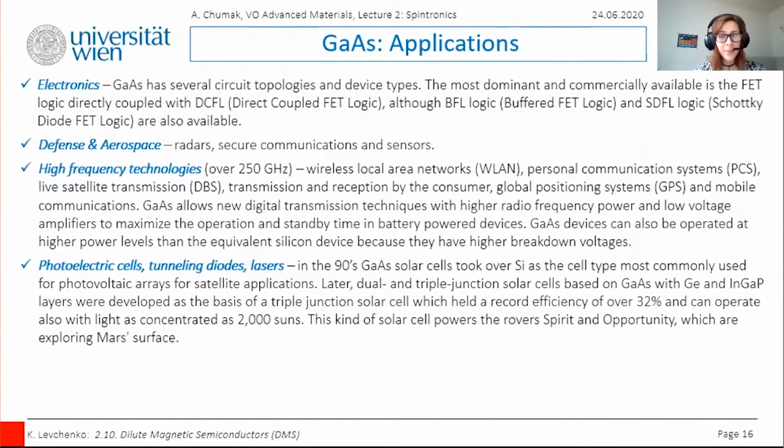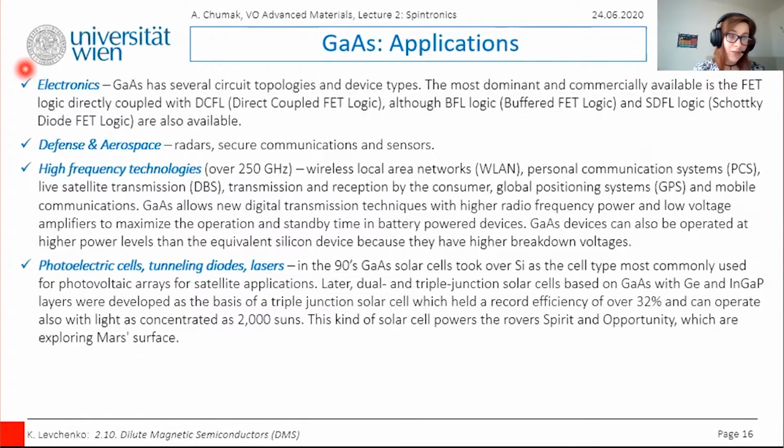So gallium arsenide applications are commonly found in the field of electronics, in some circuit topologies and device types, mainly FET logic. Also, despite the shortcomings with MOSFET, gallium arsenide could be used in a MESFET, or metal semiconductor field effect transistor, which is a device where a Schottky or metal semiconductor junction is used instead of the PN junction for a gate.